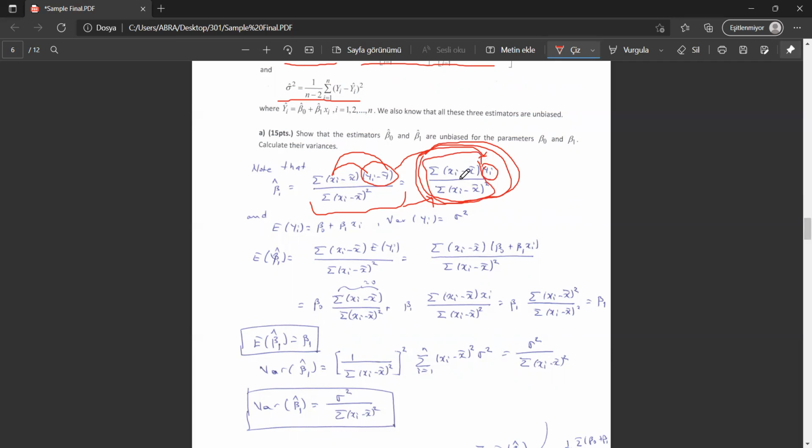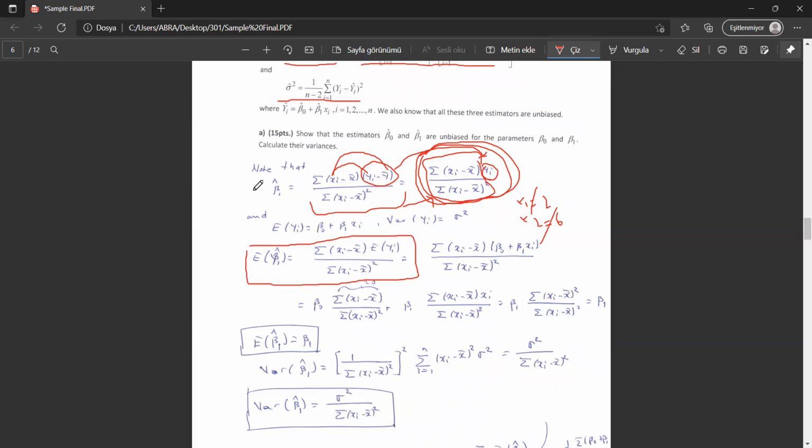These are x values that we know. They have some values, like x1 is 2, x2 is like 6, okay? X's are non-random in simple linear regression model. So you can take these things outside of the expectation. Here, we have done it.